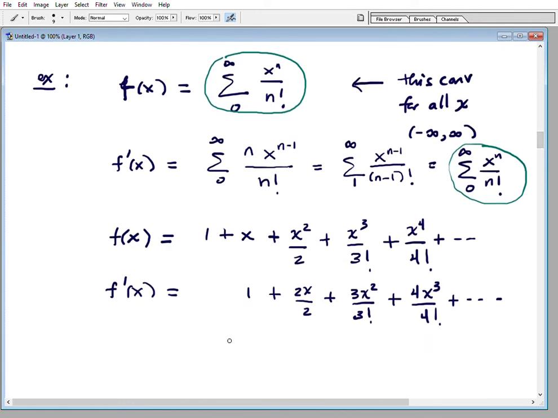Simplifying, we have 1 plus x plus, the 3 cancels with the first 3 in 3 factorial, and we get x squared over 2 factorial. And here the 4 cancels with that first 4, and we get x cubed over 3 factorial. So you see that f prime of x and f of x are equal.